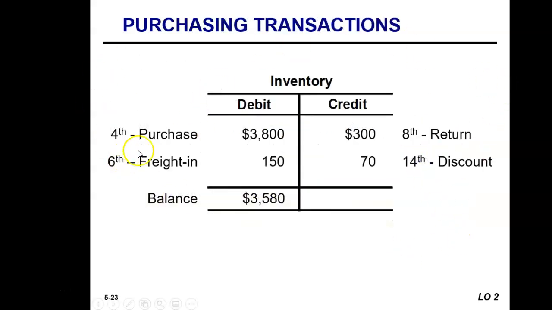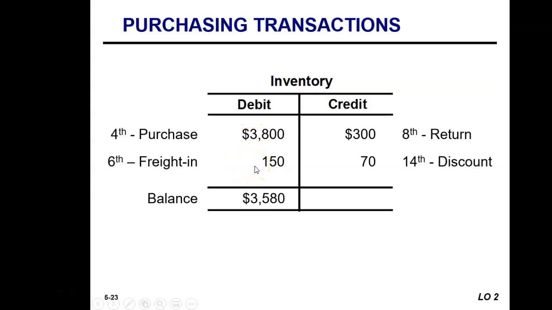Let's take a look at the inventory ledger account once we recorded all of these transactions. So remember, initially, the purchase price was $3,800. We purchased for $3,800. Then we paid the freight cost of $150.